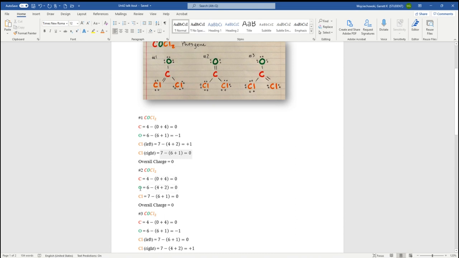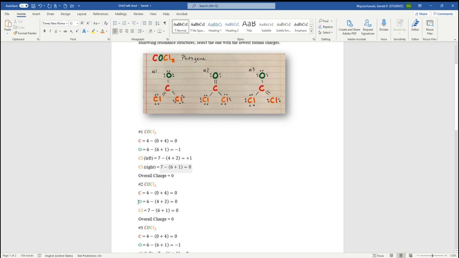And this is where it starts to differentiate from the first. The oxygen this time is the double bonded. And we see that in this oxygen, there are only 4 non-bonding electrons, while there are 2 bonding electrons. 4 plus 2 is 6. 6 minus 6 is 0.